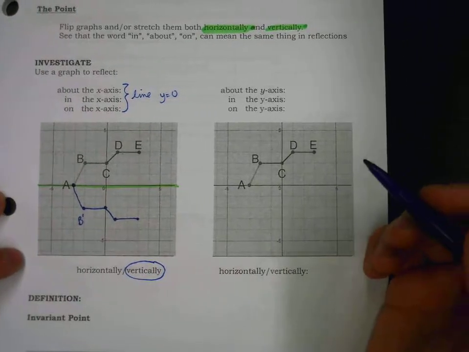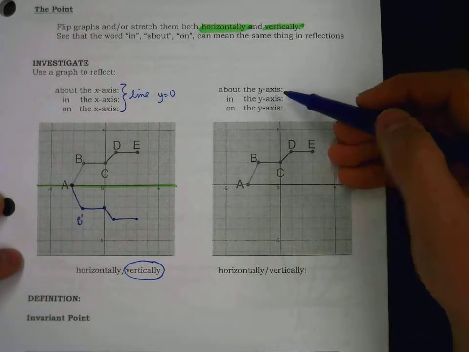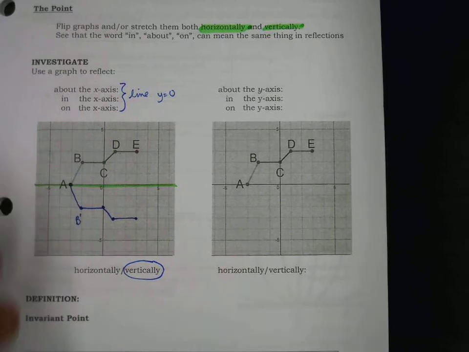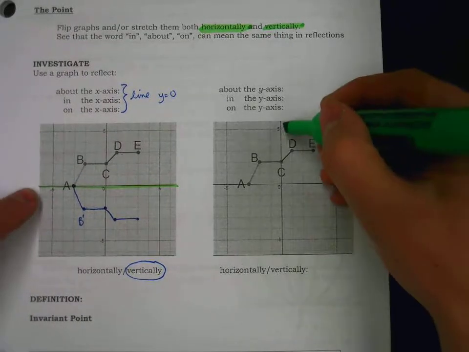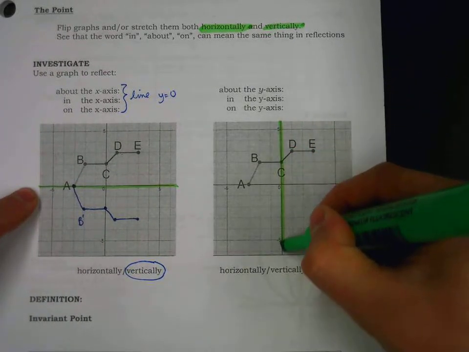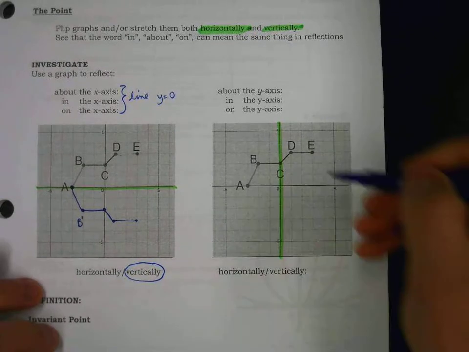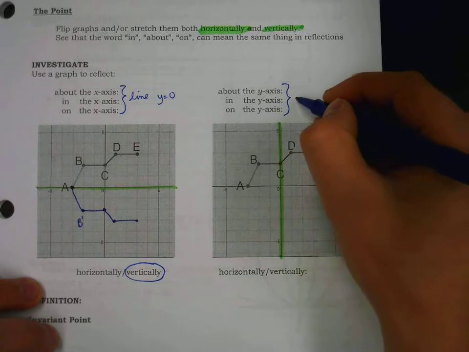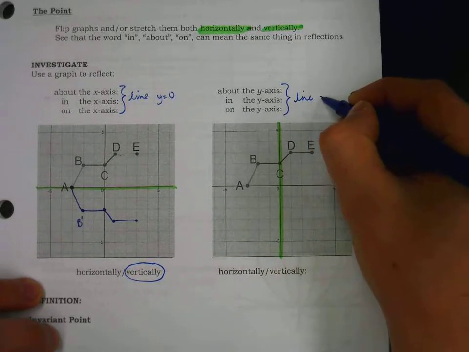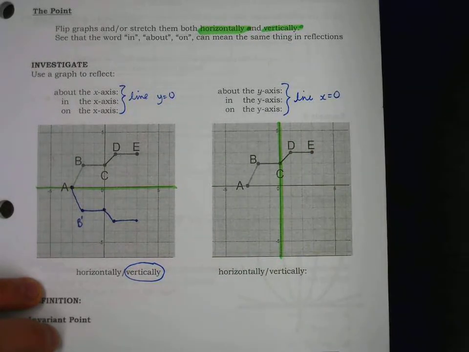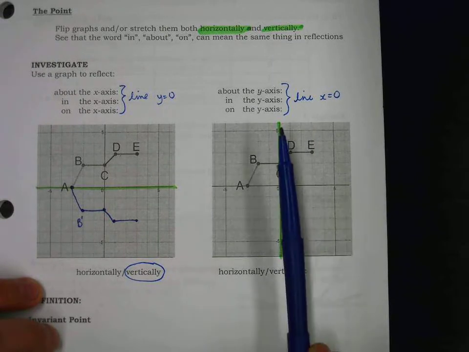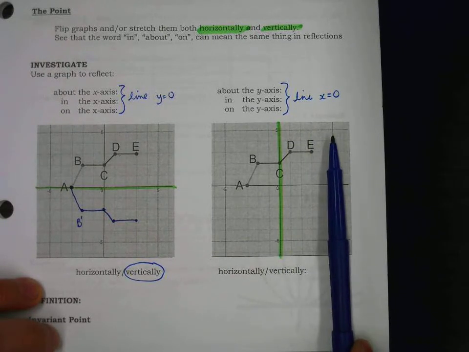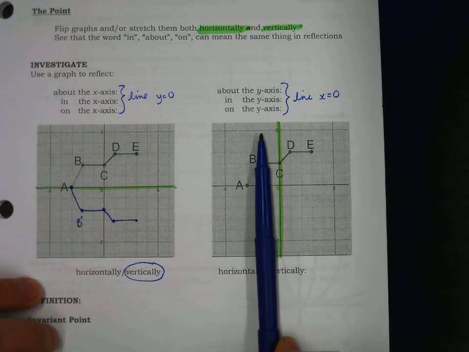The language for a horizontal flip is going to refer to about the y-axis, in the y-axis, on the y-axis. Or, as we commented on the other side, we might see the phrase reflect about the line x equals 0. Again, the line x equals 0 is this green line, which hasn't moved to x equals 5 or to x equals negative 3.